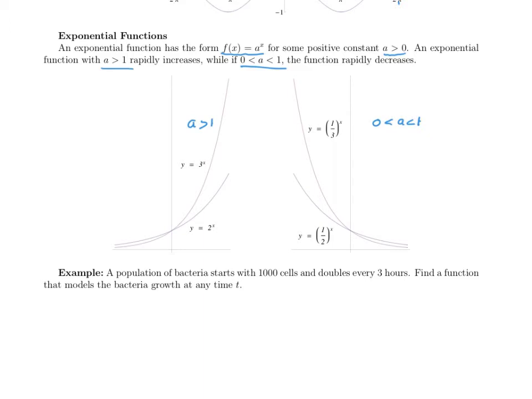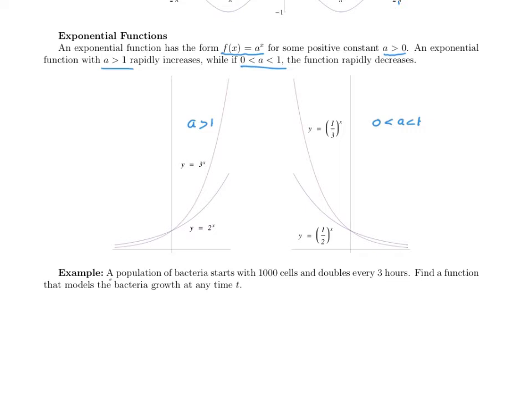These functions are often used to model population growth, especially the growth of bacteria, also sometimes the spread of viruses, etc. Let's have a quick look at how we might use these to model bacterial growth.